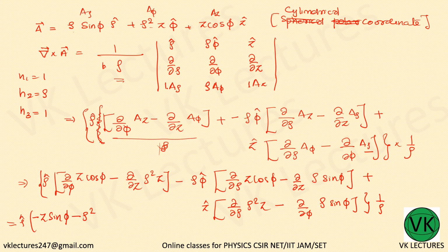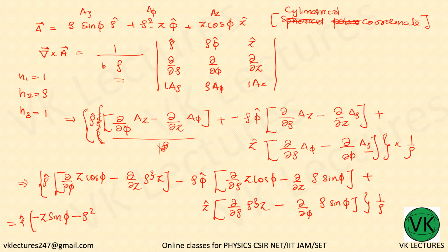So wherever A phi is there, you have to multiply by rho, so this becomes cube. Here A phi, here also cube.